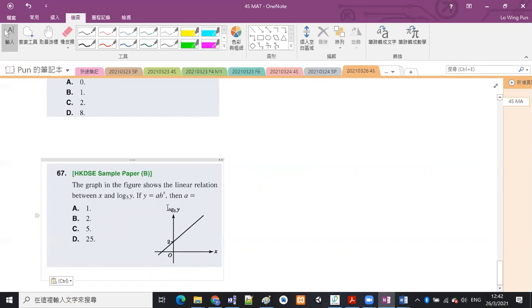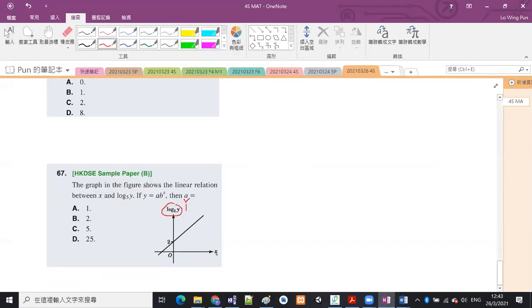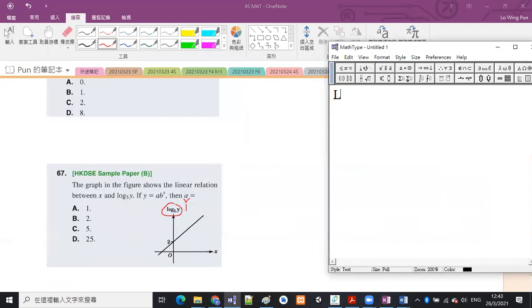Again, this is not a pure y-axis, so I'm going to let capital Y be this pure y first. But the x-axis is pure x, so we do not need to let the capital X here. So let Y equal log y base 5 first.